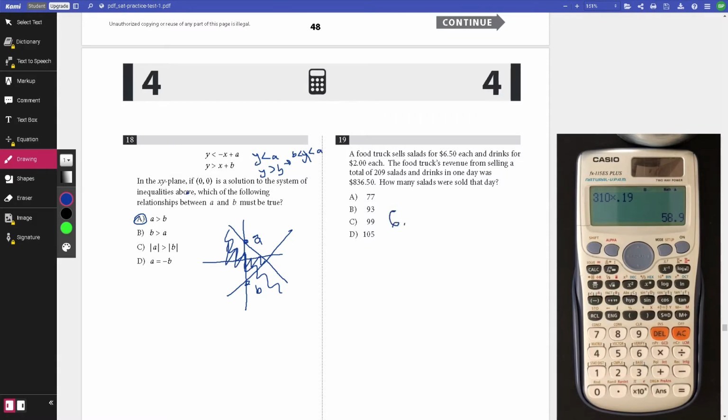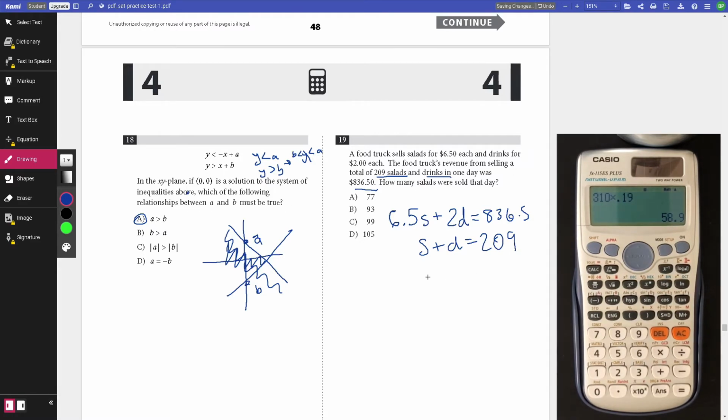Okay, so it's 6.5 for salad plus $2 for drinks is equal to, this is how much they made, 836.5. And then we have another one. We said that they sold 209 salads and drinks in one day. So they had S plus D equals 209.